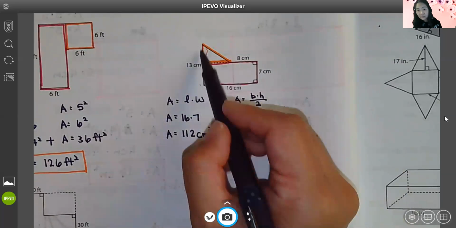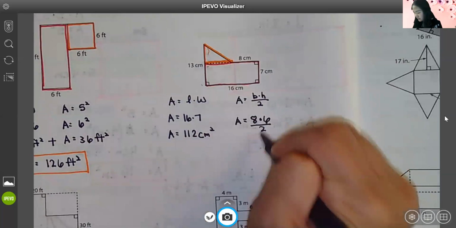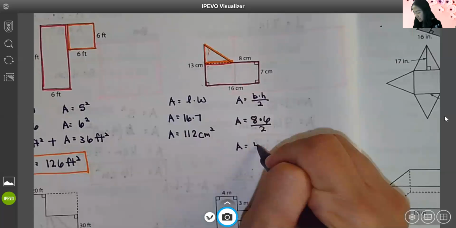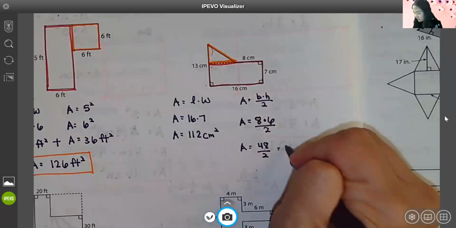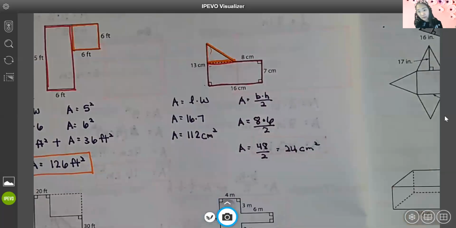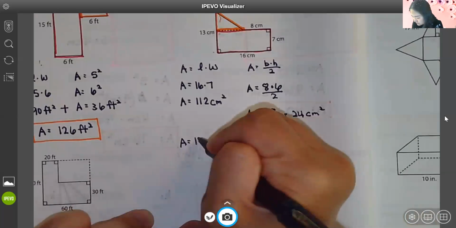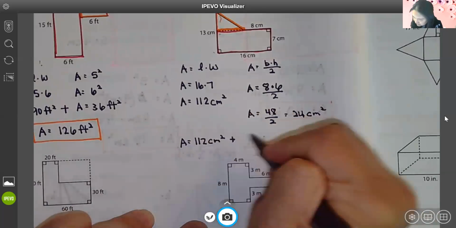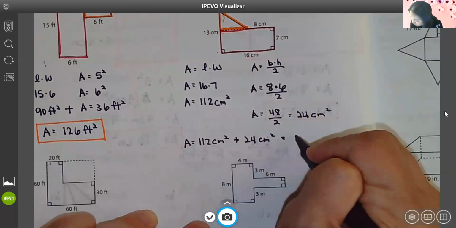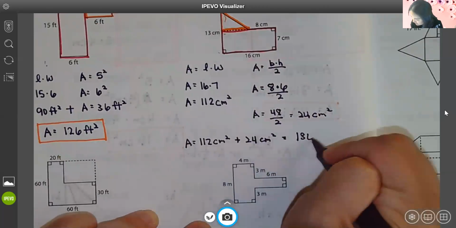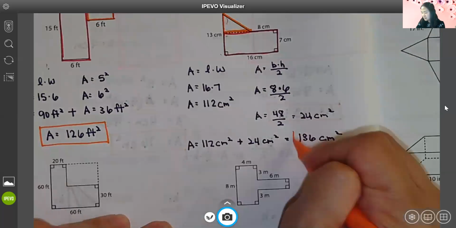So my height right here is 6. 8 times 6 is 48, divided by 2, which is 24 centimeters square. So my combined area is 112 centimeters square plus 24 centimeters square. So that is 136 centimeters square. That would be my combined area.